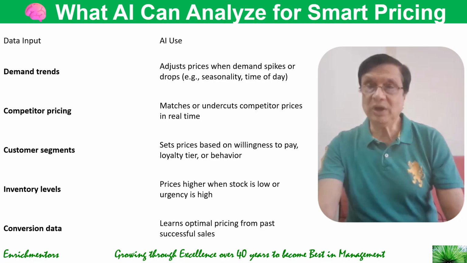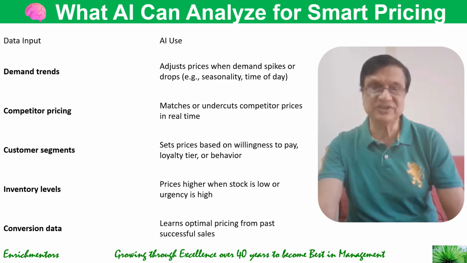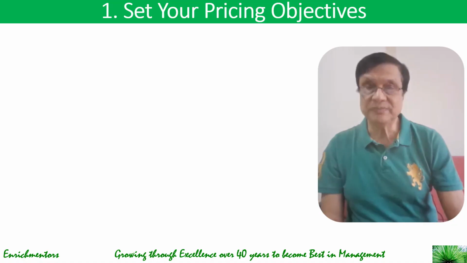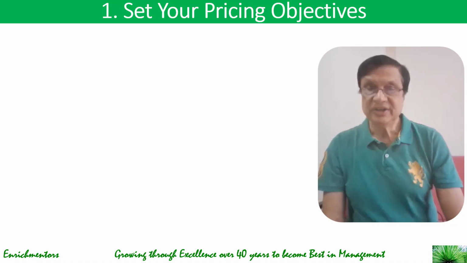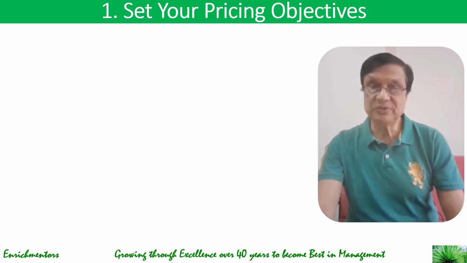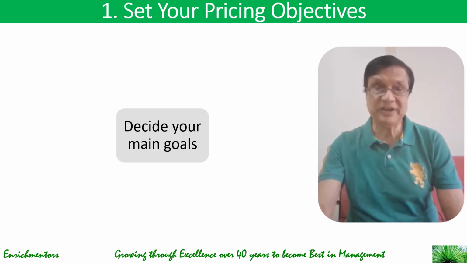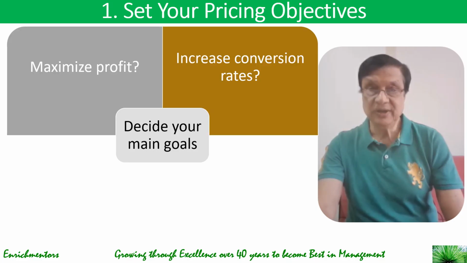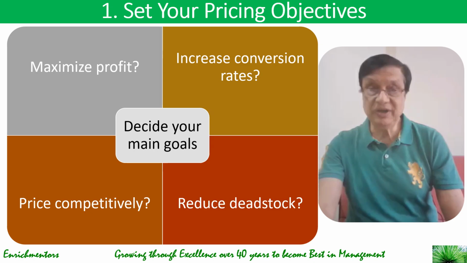Let's take a look at the steps that you can take with AI to do dynamic pricing. You need to start by setting your pricing objective. You need to set your main goals from dynamic pricing. It could be to maximize profit, increase conversion rates, price competitively, or reduce dead stock.